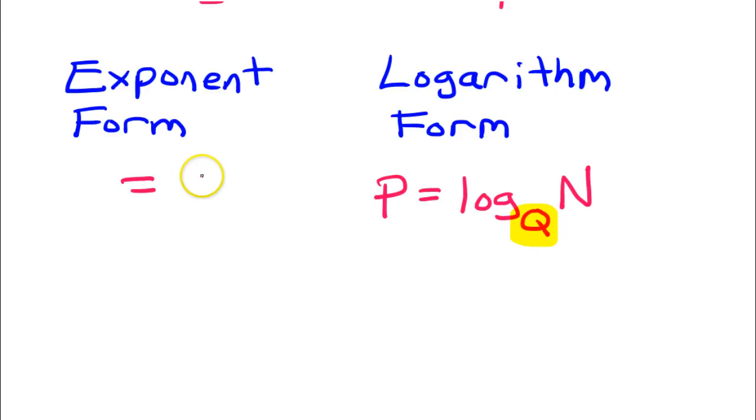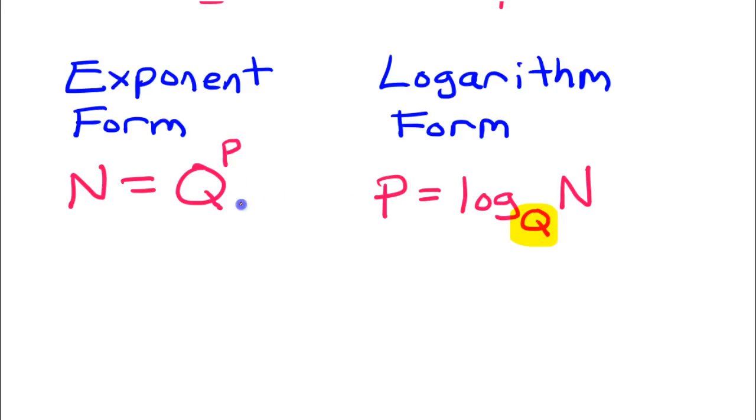I'm going to keep this q on the same side, and I'm going to write it as a base. So in exponent form, you have a base, and it gets a power. Now what power? The p and the n switch sides. So the n is going to wind up over here, and the p is going to wind up over here, but now it's going to be the exponent. So this would be the exponent form.